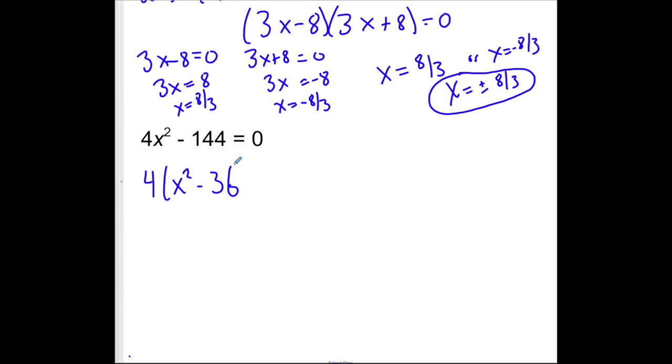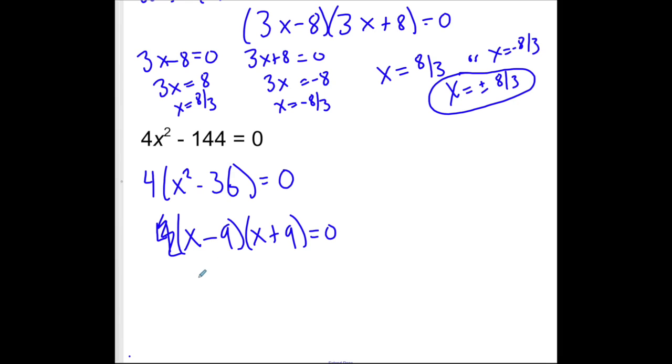So you're going to see that you're still left with a difference of squares. And so what I get is 4, and then this factors as x minus 9, x plus 9 is equal to 0. So we really only have to worry about this and this because 4 is not equal to 0. So either x equals 9 or x equals negative 9. So x equals plus or minus 9.